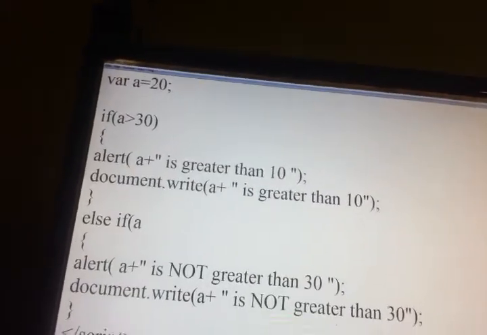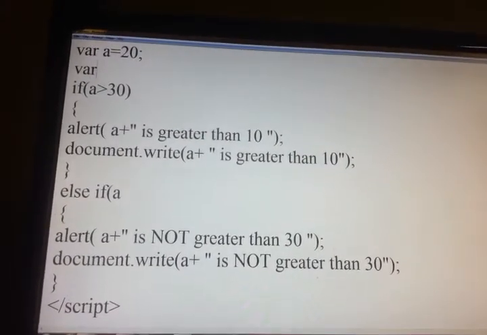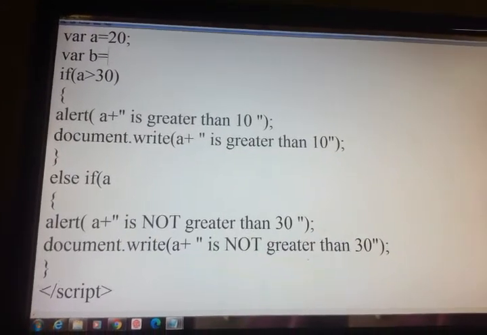The variable A is equal to 20, variable B is equal to 30.